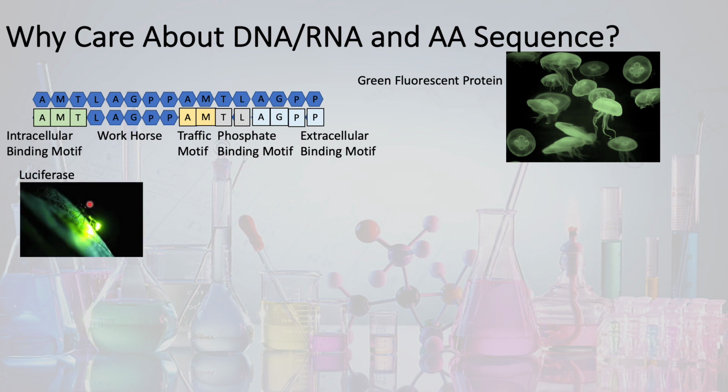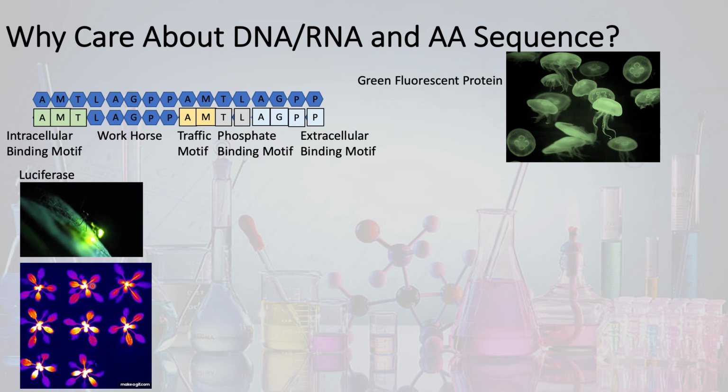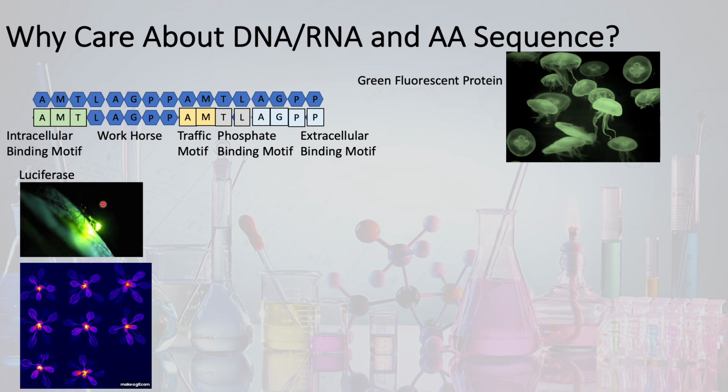That luciferase enzyme, again, the enzyme responsible for making lightning bugs or fireflies glow, has actually been taken out and used in several ways. So I have this GIF down here where the enzyme luciferase has been extracted from our lightning bugs and implanted into these mustard plants, right?